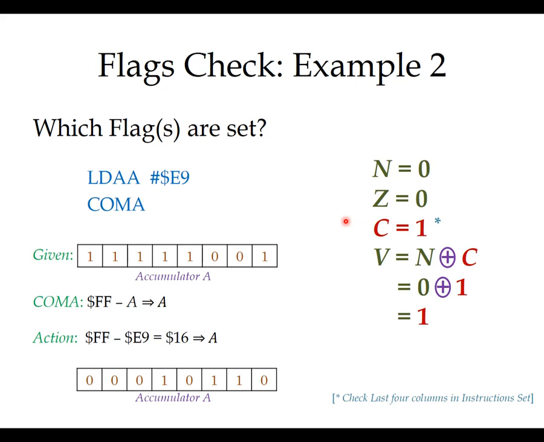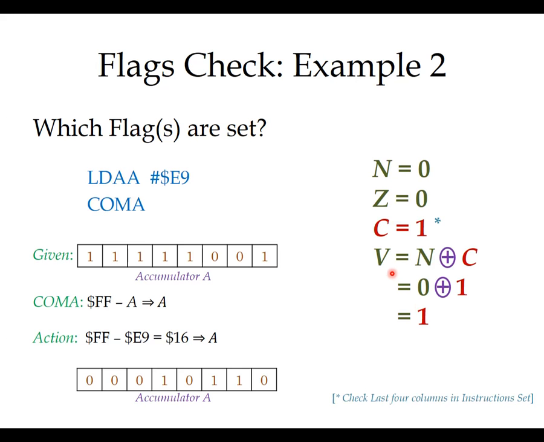See, there is no clue what will be the carry flag from the operation, but I know the carry flag from the instruction set. Because if you check your instruction set, for COM A, the carry flag is always set. So even if I don't have the clue from the operation, I know. That's why I marked it static here, just to show that I'm getting it from the instruction set. Okay, last 4 columns.